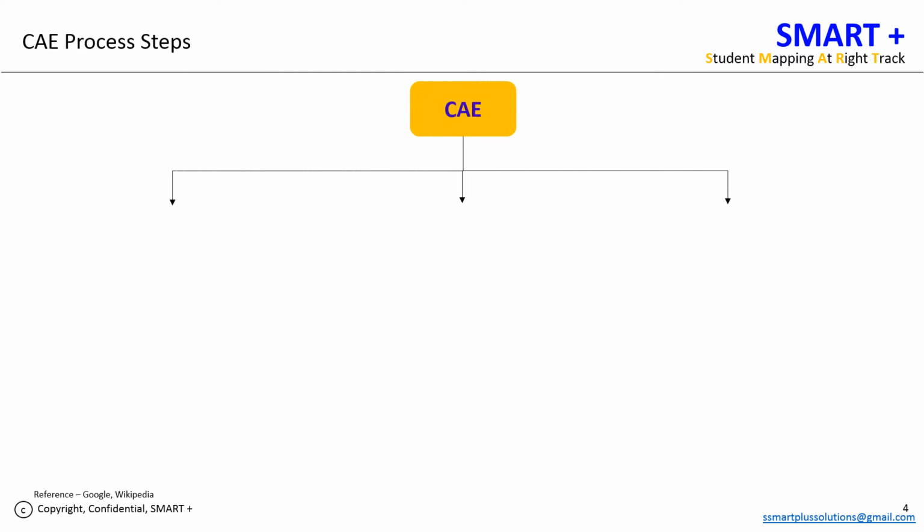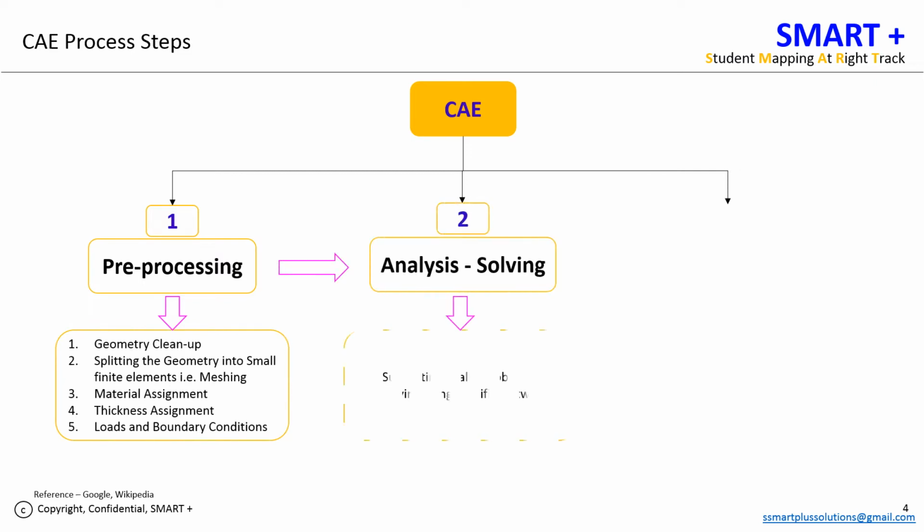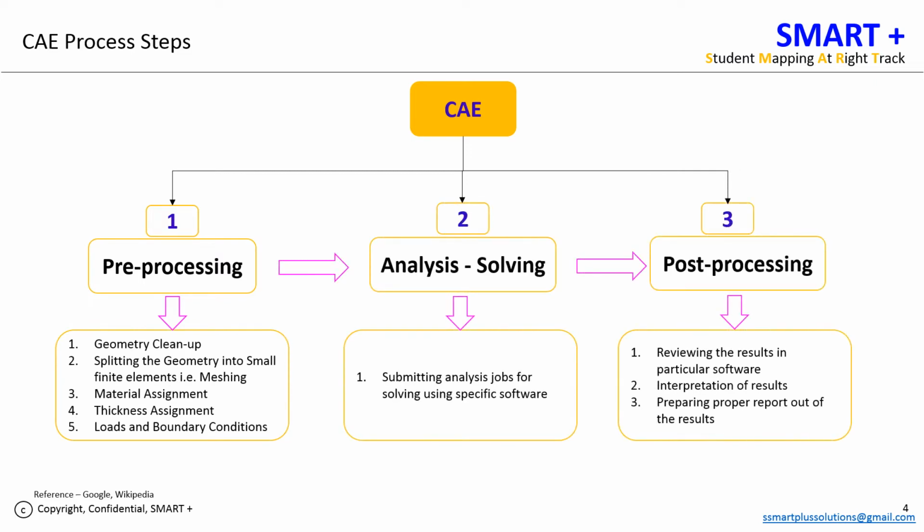So what are the CAE process steps? As we know, there are broadly 3 steps. First is pre-processing, second is analysis, third is post-processing. In pre-processing, geometry cleanup is performed, such as removal of extra duplicate surfaces or lines, then splitting of the geometry into small elements, called meshing.